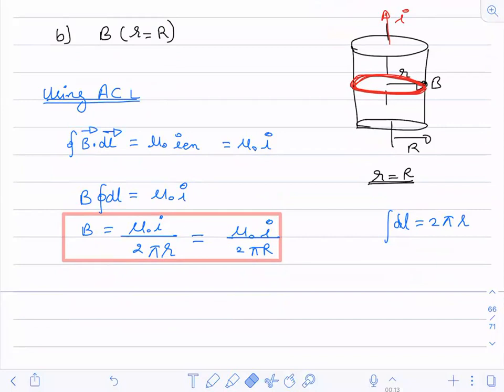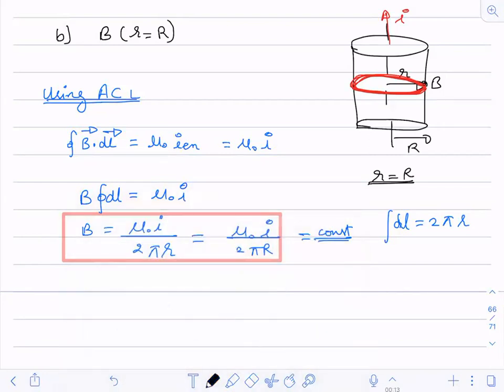It's not changing. So wherever you take a point on the surface, the magnetic field value will be mu naught I by 2 pi R. This is the magnetic field value at the surface of the cylinder.